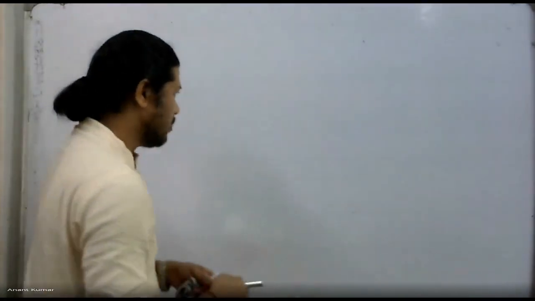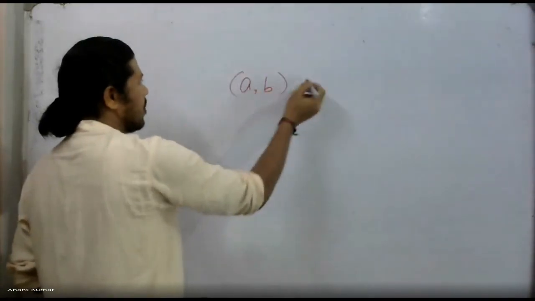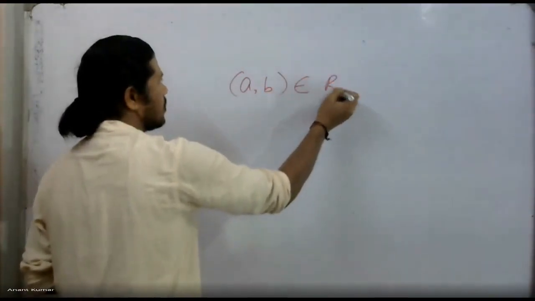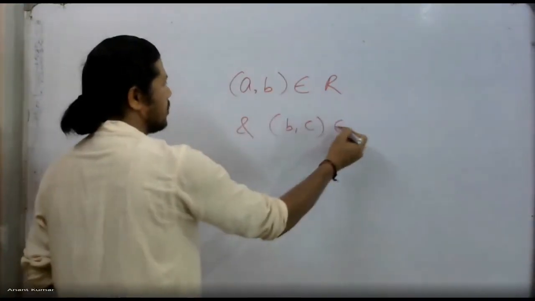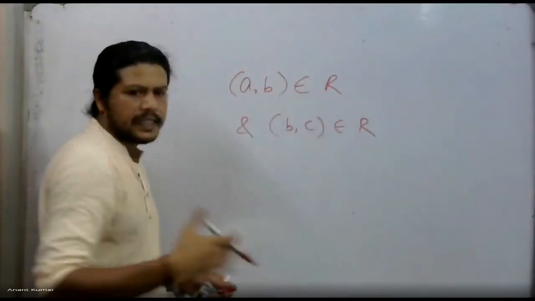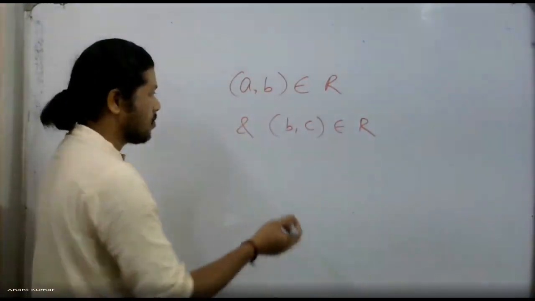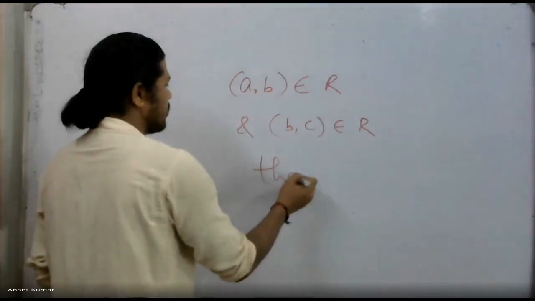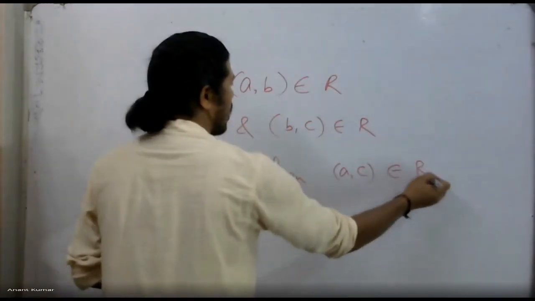Whenever A comma B belongs to the relation and B comma C belongs to the relation, then A comma C must belong to the relation as well. Then it must happen that A comma C must belong to R.